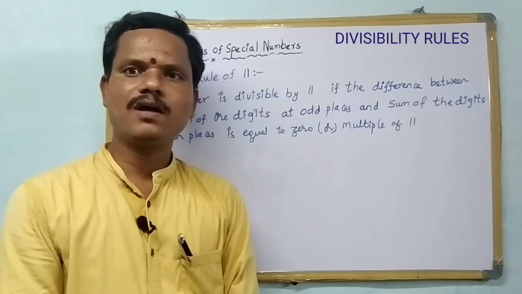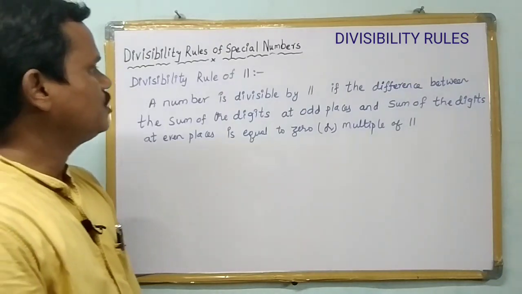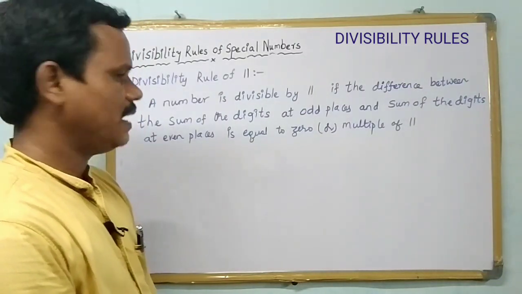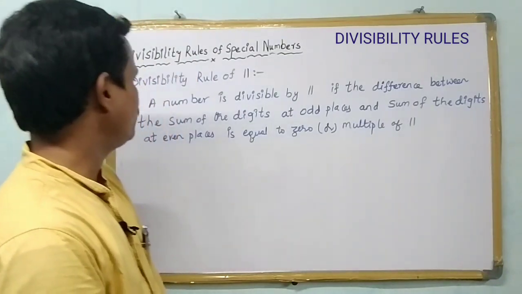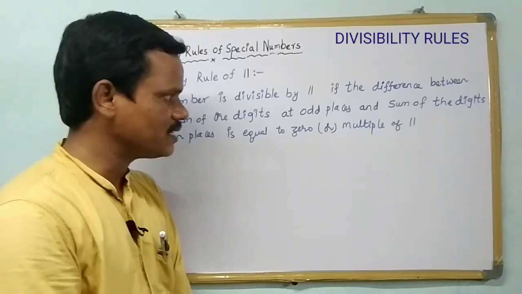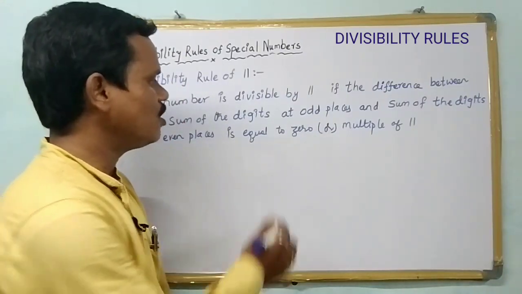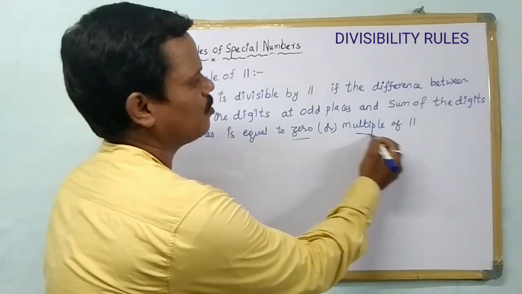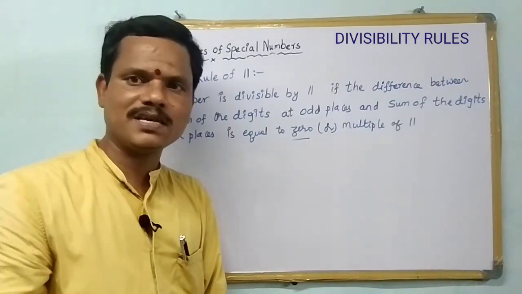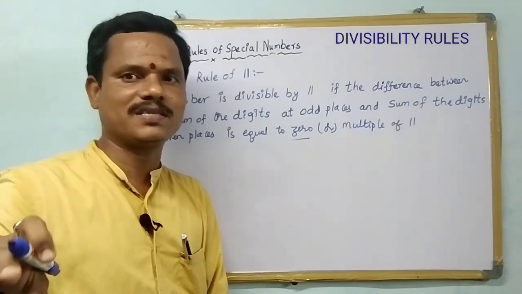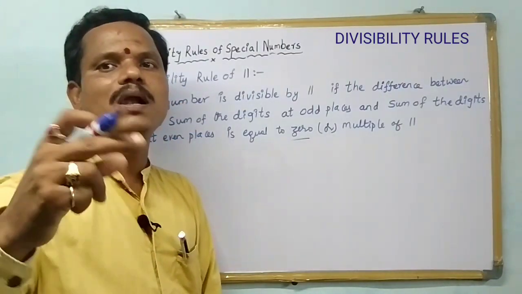Now the divisibility rule of 11. What is the divisibility rule of 11? See here. A number is divisible by 11 if the difference between the sum of the digits at odd places and the sum of the digits at even places is equal to 0 or a multiple of 11.